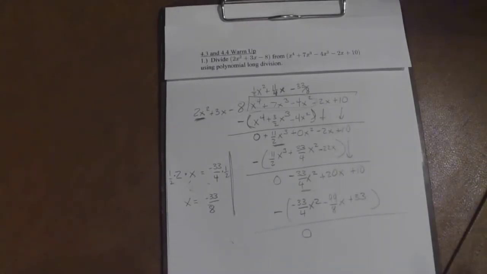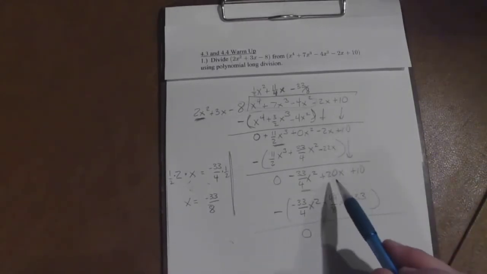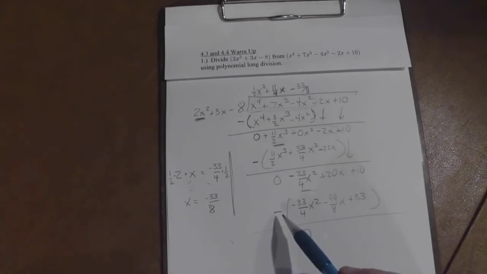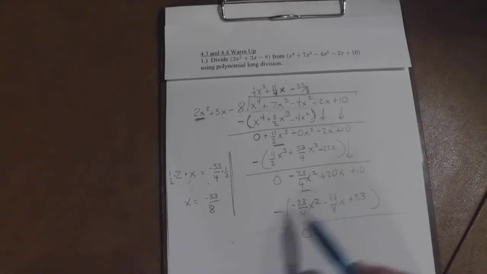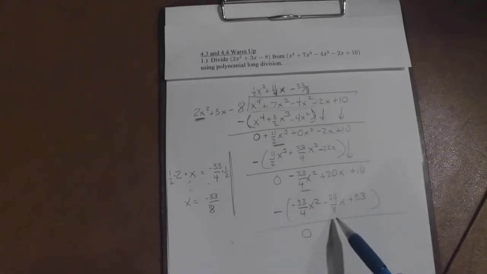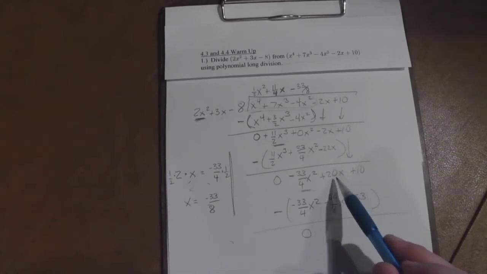Certainly negative 33 fourths x squared minus negative 33 fourths x squared yields nothing, a 0 there. Whereas 20x, well, minus negative 99/8 x is like 20x plus 99/8 x.